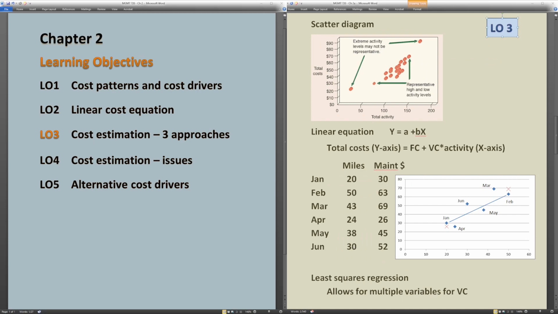So now that we've understood a little bit more about cost behavior and working towards our tool, which is going to focus on a linear equation, let's look at the three approaches. At the top here, we've got the scatter diagram, meaning we can take a bunch of data and just throw it on the chart and kind of eyeball it.